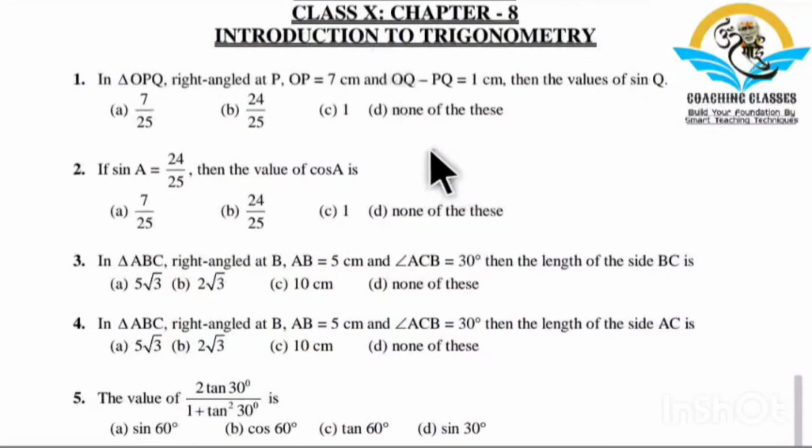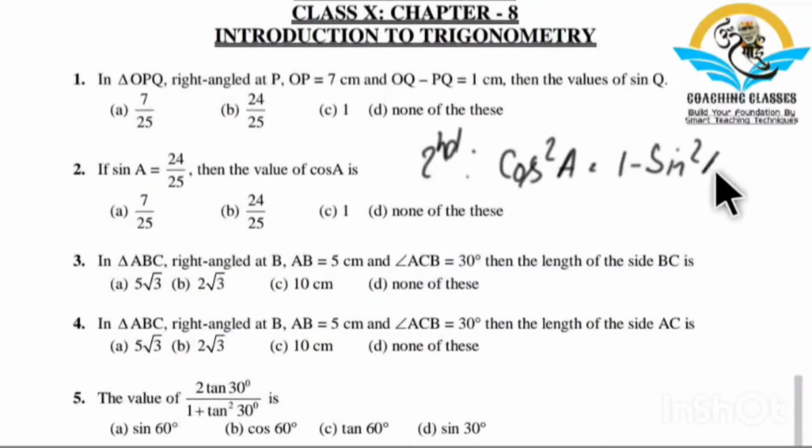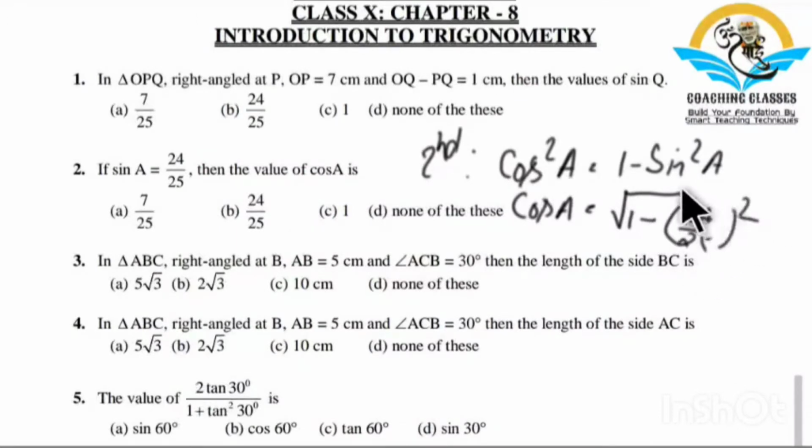Second method is by using trigonometric identity, that is, you know that cos square A equal to 1 minus sine square A. Then cos A equal to root over 1 minus sine square A, sine A is given here 24 by 25. Put the value.